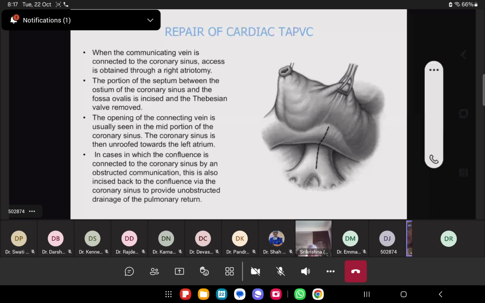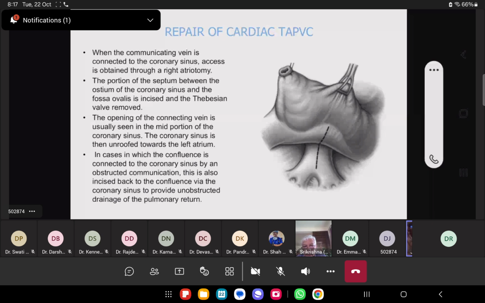You make a transverse incision in the posterior wall of the left atrium. Take different colored stay sutures because you'll be confused at the end about which are the layers to be sutured. Behind the left atrium, you see the common pulmonary venous chamber, and you make a similar incision as in this picture, a transverse incision, and then you start making the anastomosis between the common pulmonary venous chamber and the left atrium posterior wall. Then you close the area with a patch, then you close the right atrium.